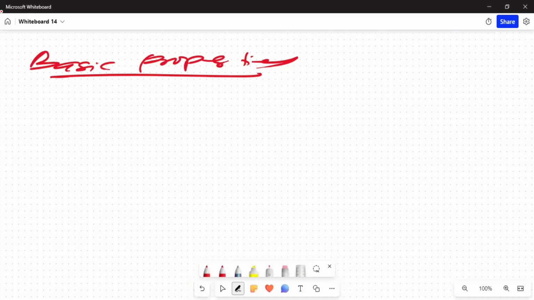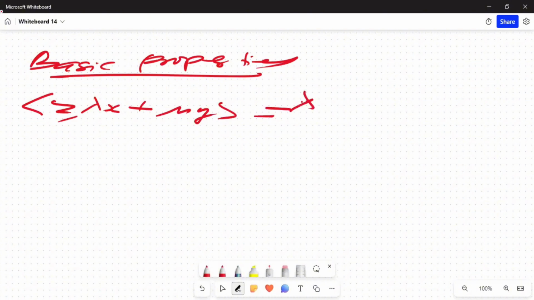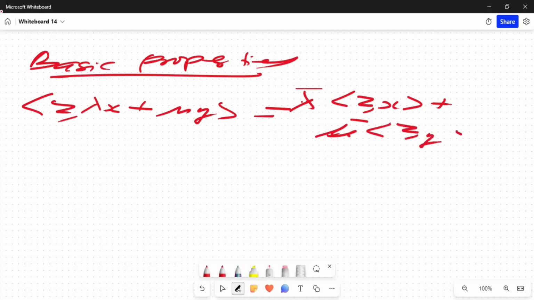From I3, we want to look at this property that if you have z comma lambda x plus mu y, this will be lambda conjugate inner product of z comma x plus mu conjugate inner product of z comma y.